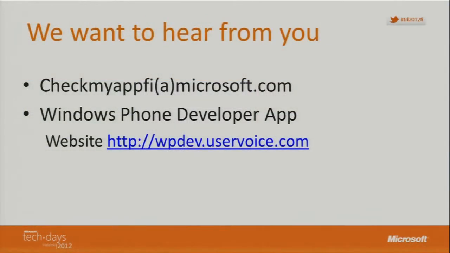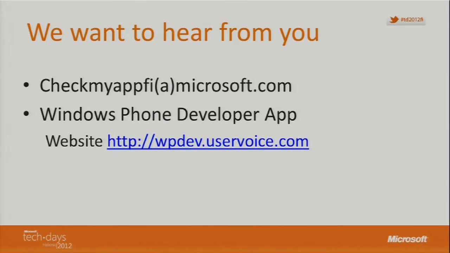I also said there's a resource we want to encourage you to go to, called WP User Voice. That's the place where you can suggest something that you really need.